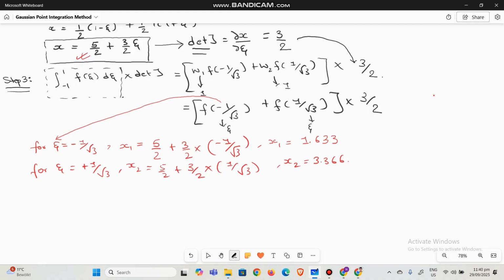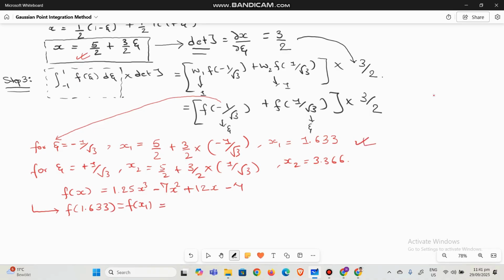Okay, so now we know the fx value. What is the function that we have? It is 1.25 times x cubed minus 7 times x squared plus 12 times x minus 4, right? So first of all, just put f of 1.633, which is basically fx1 for this.